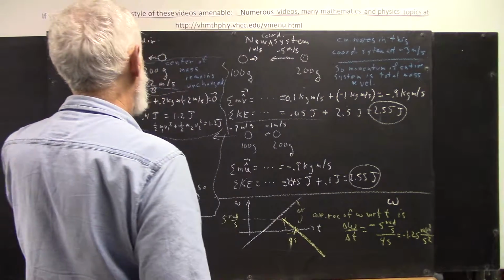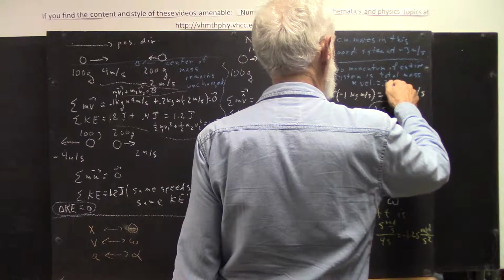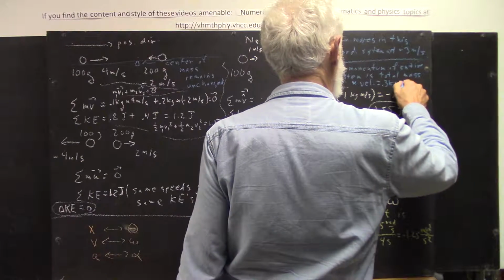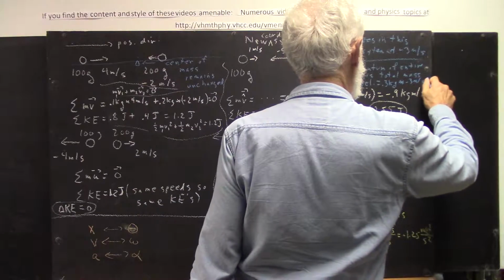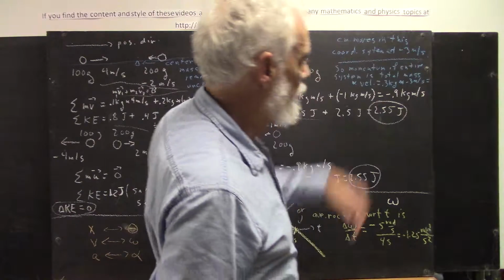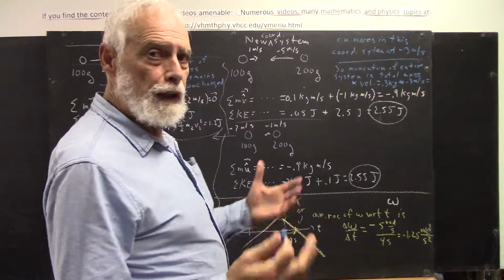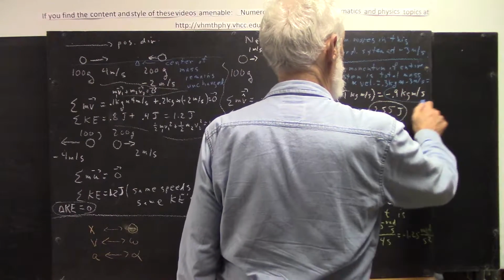Total mass being 0.3 kilograms. The velocity being -3 meters per second. What's that equal to? 0.3 kilograms times negative 3 meters per second. Is that equal to something else you see on the board? Well, yeah, it's equal to this.